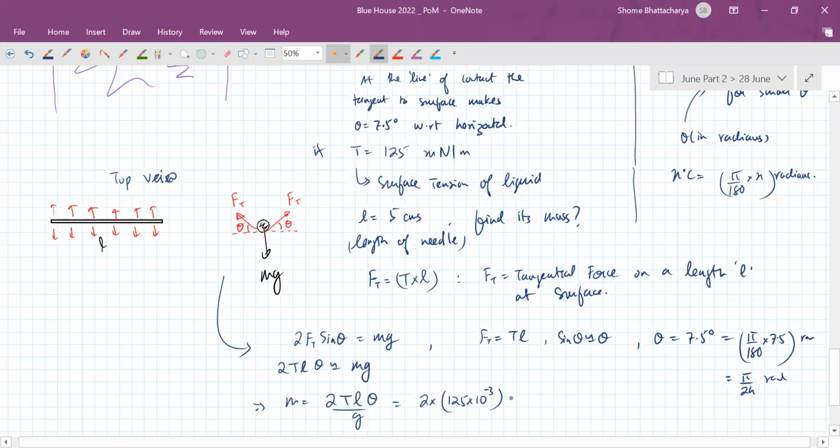Convert that, okay, into what was our length? It was 5 centimeters into 3.14 divided by 24 divided by 10. Let's see what this works out to be.